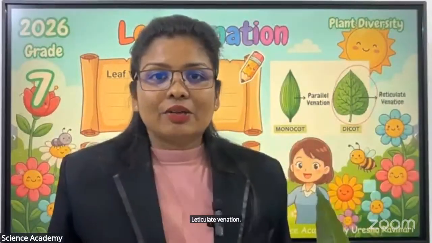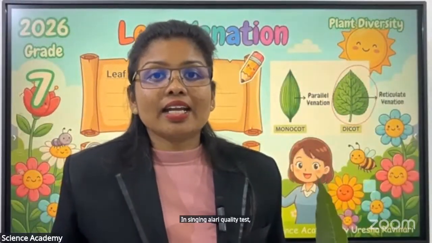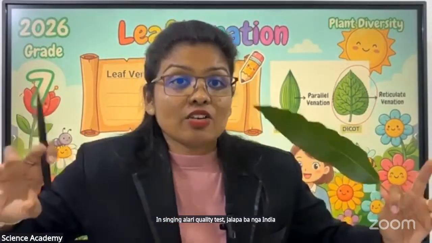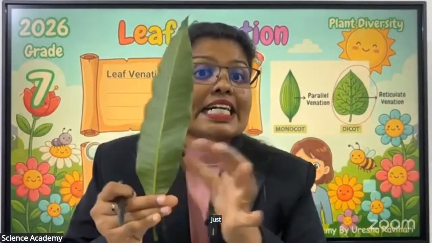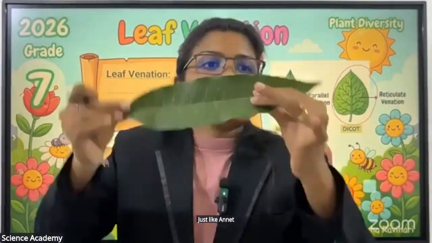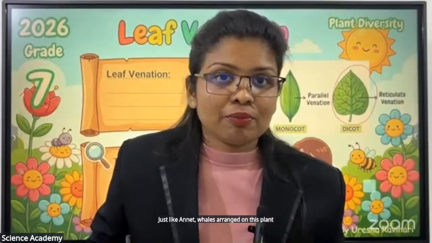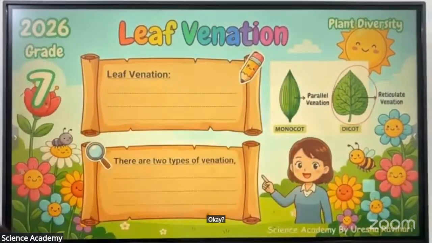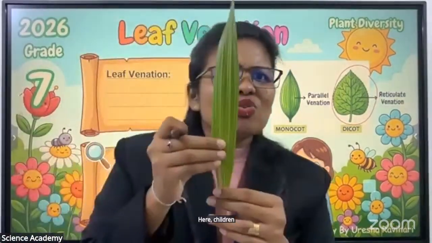In Sinhala, we call it Jalaba Narati Vinyasaya. Just like a net, veins are arranged on this plant leaf.